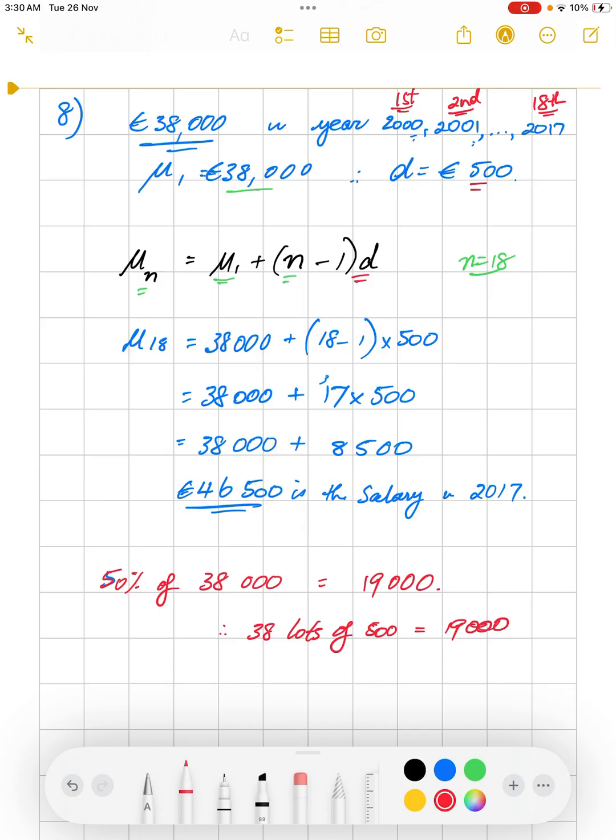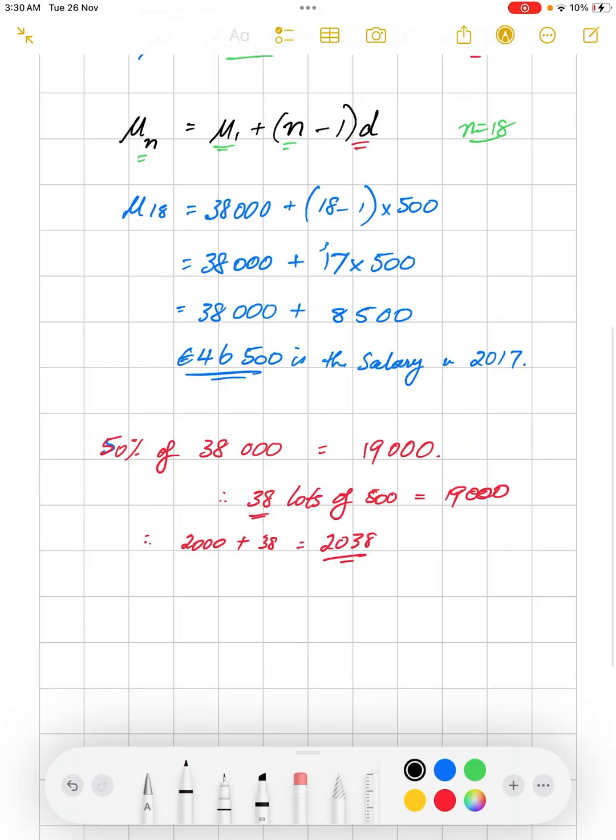So we need 38 more years on top of 2000. Therefore, 2000 plus another 38 increments, so plus 38 more years, we're talking about the year 2038.